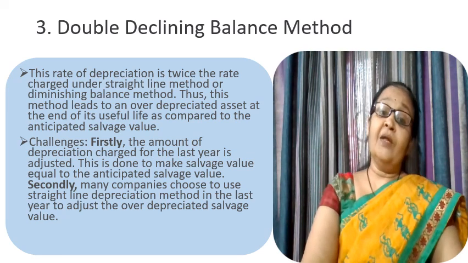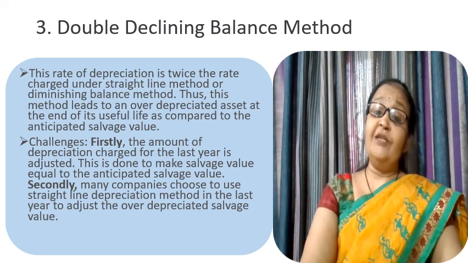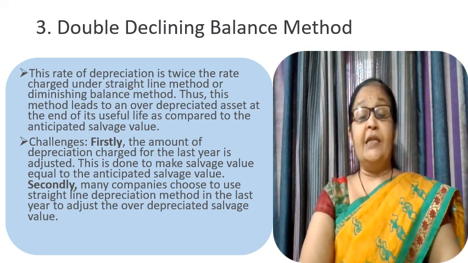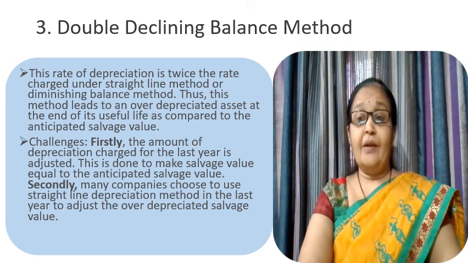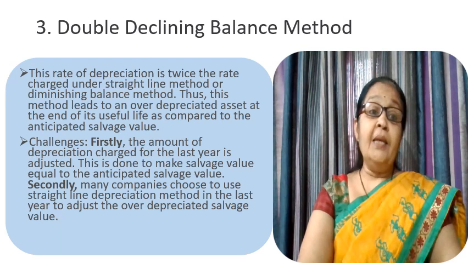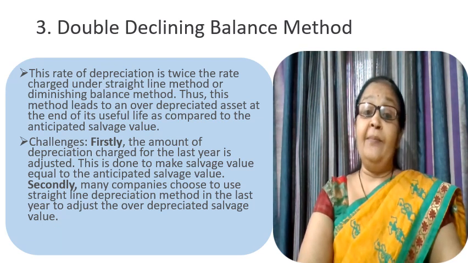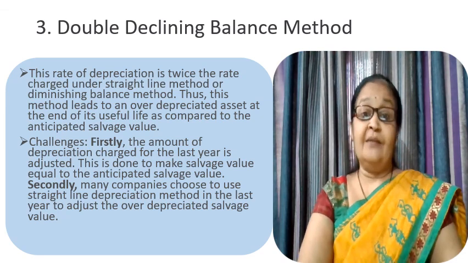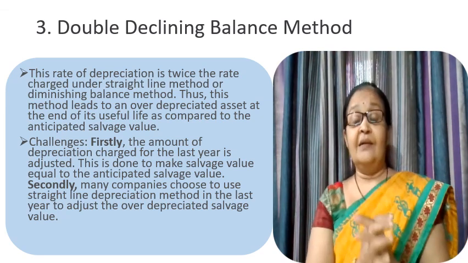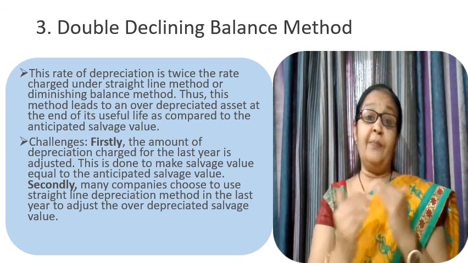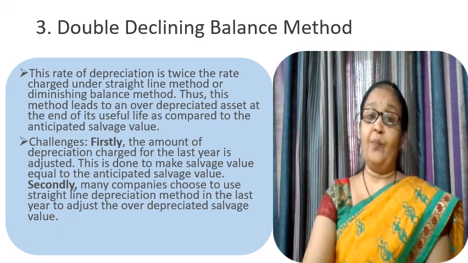This is done to make the salvage value equal to the anticipated salvage value. Secondly, many companies choose to use the straight line depreciation method in the last year to adjust the over-depreciated salvage value.